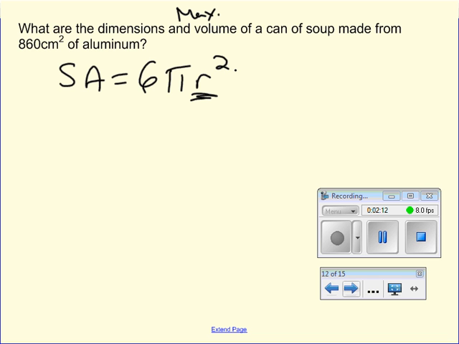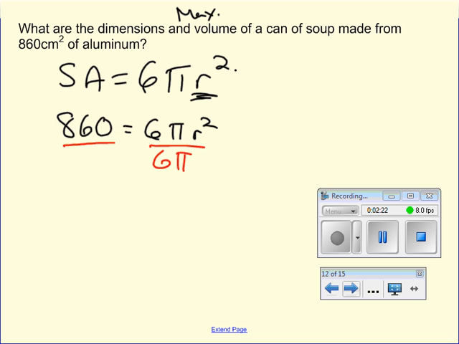So I have 860 equal to 6 pi r squared, and I'm just going to divide both sides by 6 pi to isolate r squared. 860 divided by 6 equals 143.33, and I'm just going to divide it again by pi.